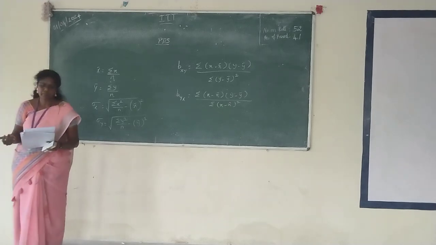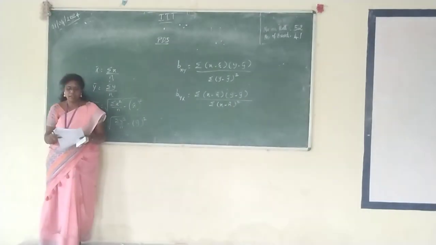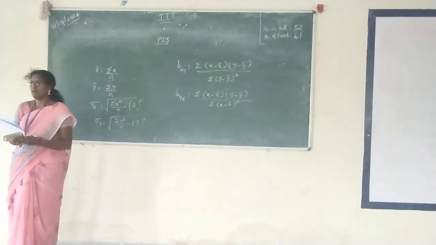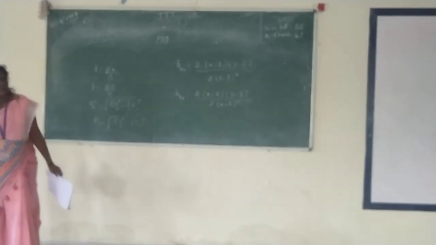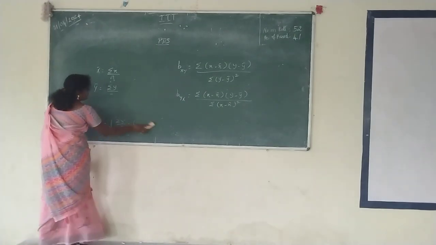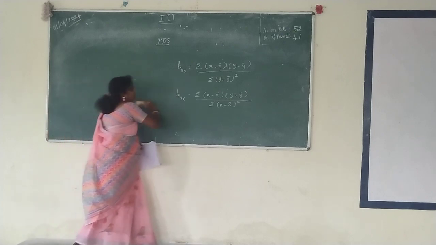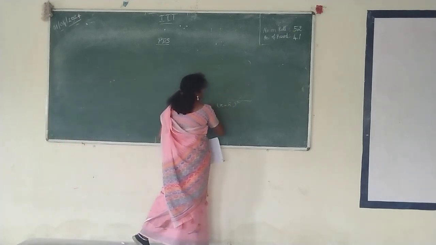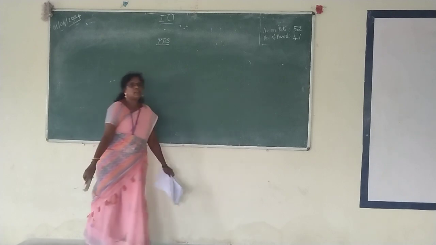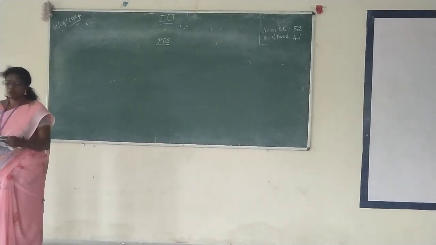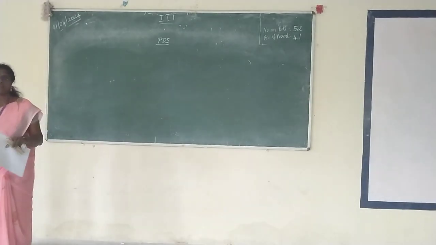First one. From the following data, first subdivision: find the two regression lines.